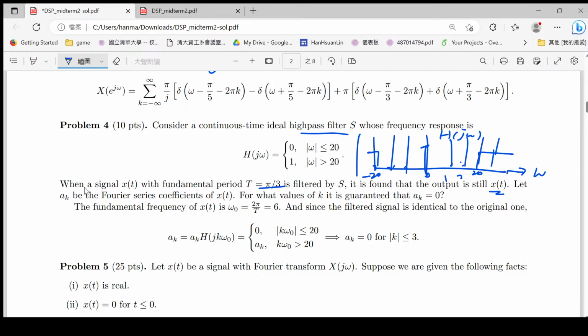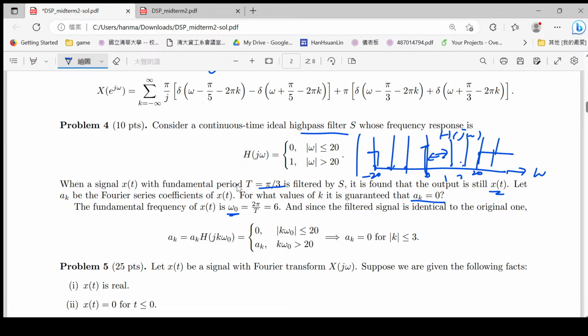That means those a_k start with 0 in the beginning. And so the only calculation we need to do is find out this interval here. So how big is our omega 0?